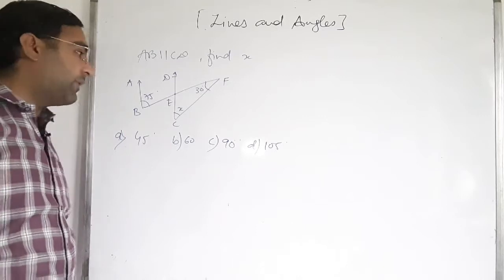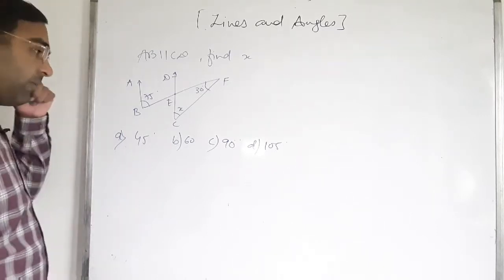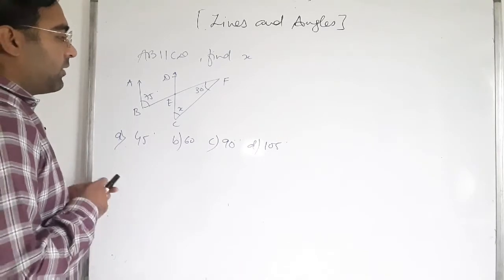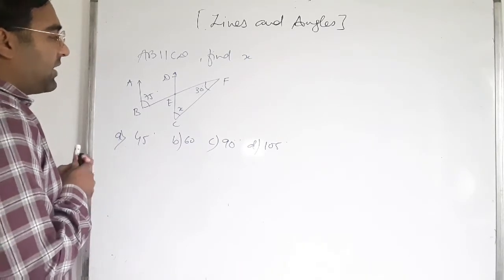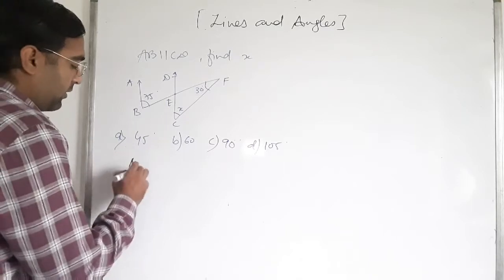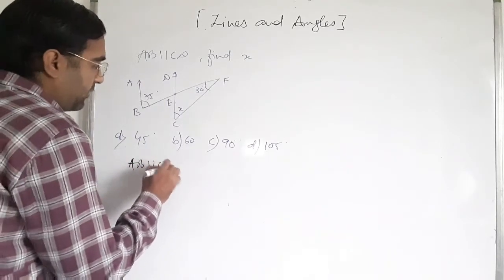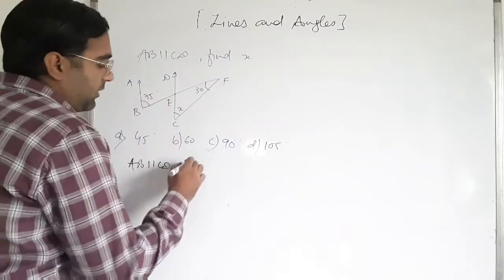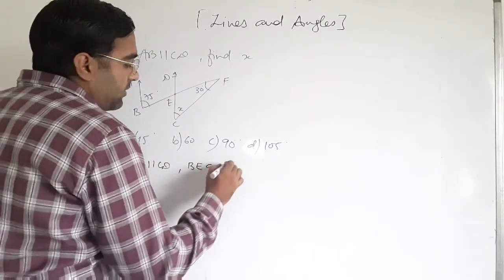Clear? Now I'm also starting to do that. Here AB and CD are parallel, and BE is a transversal.